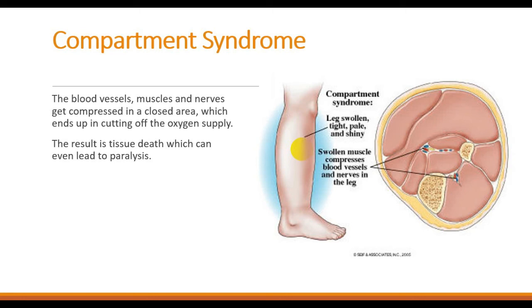So blood vessels, muscles, and nerves are getting compressed in this kind of disease. And as you can see in this picture, muscles are getting compressed and they are pressing the blood vessels. As blood vessels are compressed, they cannot supply oxygen and blood to our muscle. That's why it is a serious disease, and it can lead to paralysis as well.